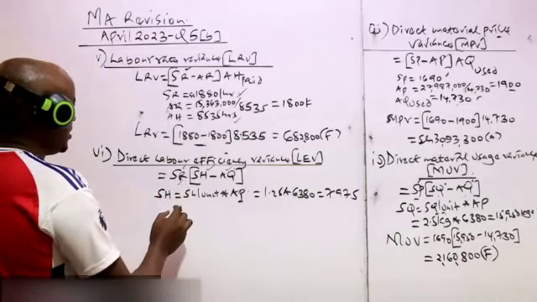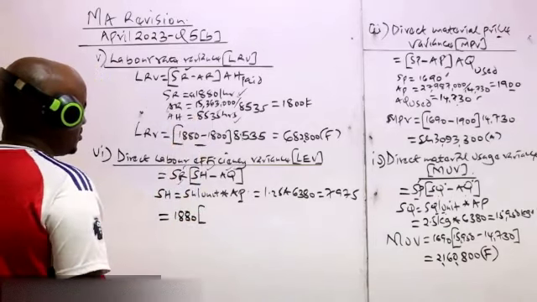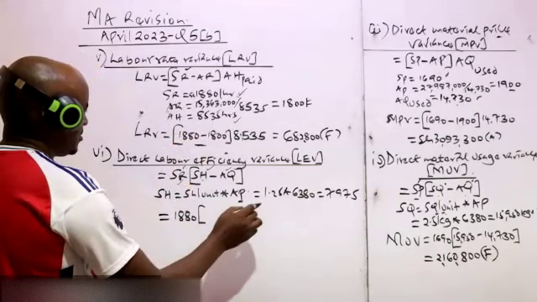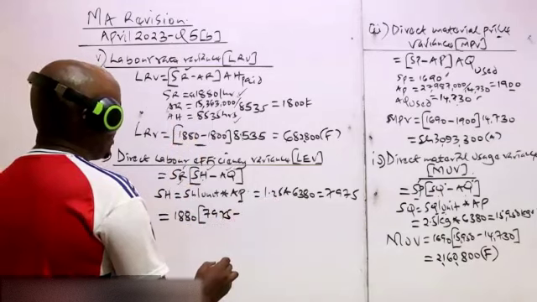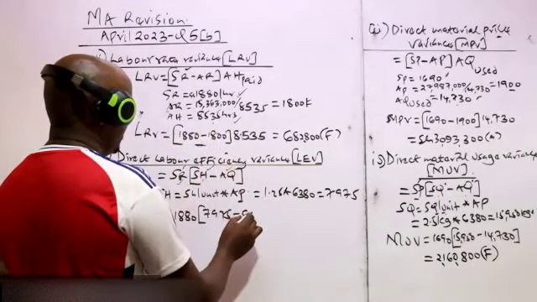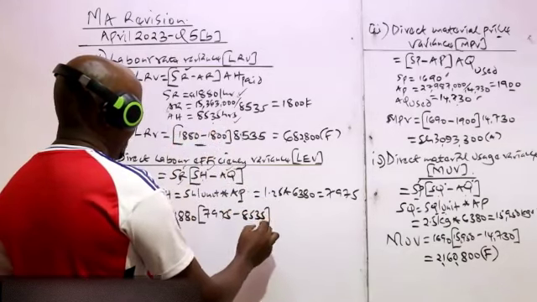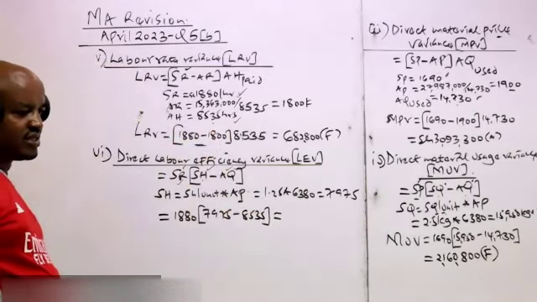So we proceed and compute this variance. We take the standard rate, which is 1880, multiply that with the standard hours that we have computed, 7975, minus the actual hours, 8535. Then we get our variance.